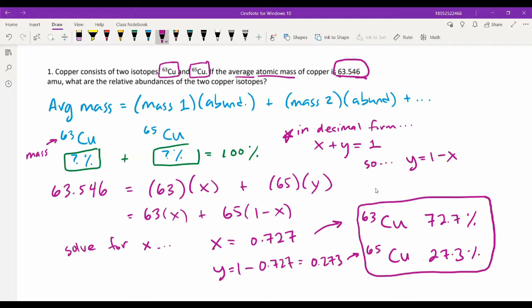But if that purple had more of a reddish tint, like a reddish kind of purple, you could say, oh, there's got to be more of the red one in there, or vice versa, the blue one. So this average mass is closer to 63. So that's why there's more of the copper 63 than the copper 65. So just from a weighted average concept, you can look at this average mass and then determine which one there should be more of in a mixture of the two.